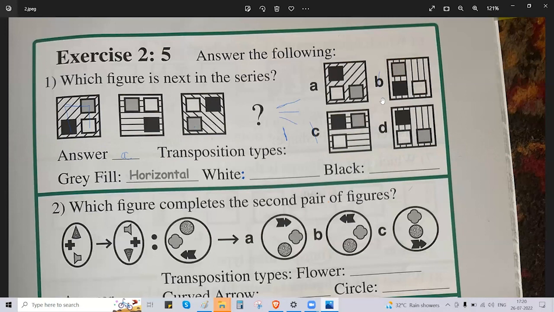So this means either option A or option D is right. Okay, now you tell me white fill here, white shape needs to move in which direction? This white shape needs to move vertically. Yes, so here we will write vertical. Okay, go ahead.